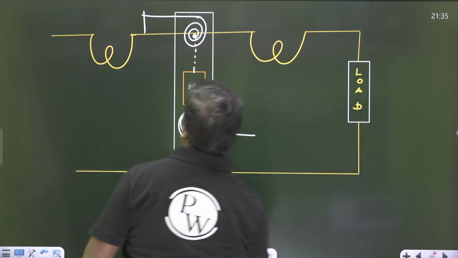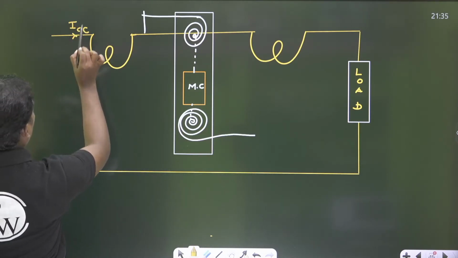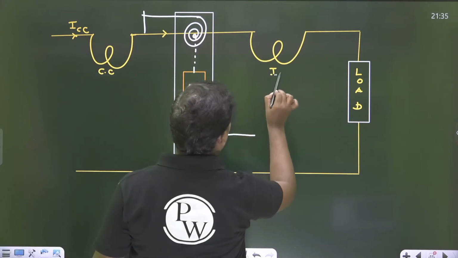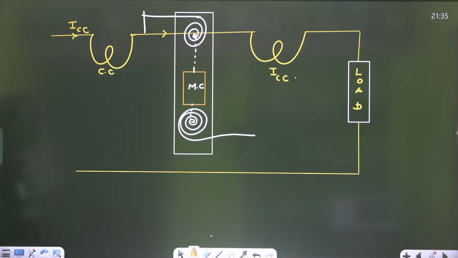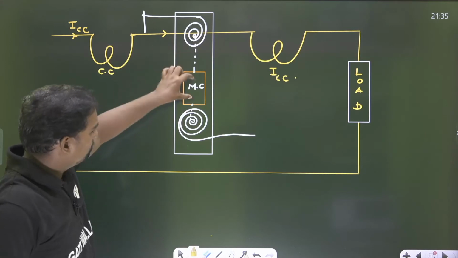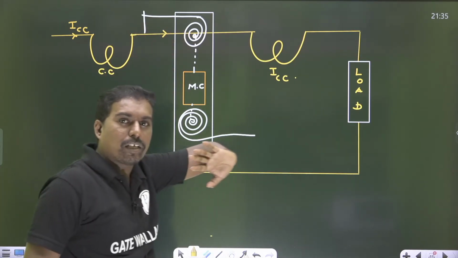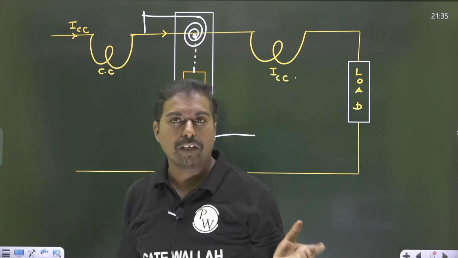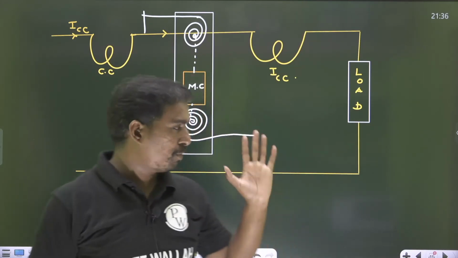Now observe carefully. This is the current passing through the current coil. Now how to get the voltage? Some adjustment here. This is a moving coil, definitely, because the controlling torque is provided by the spring. Whether it is a PMMC, moving iron, or dynamometer, the controlling torque is always produced by the springs.